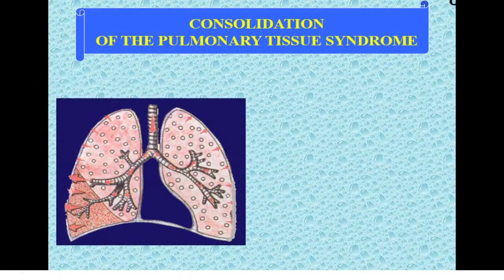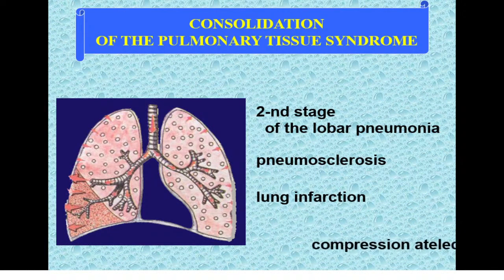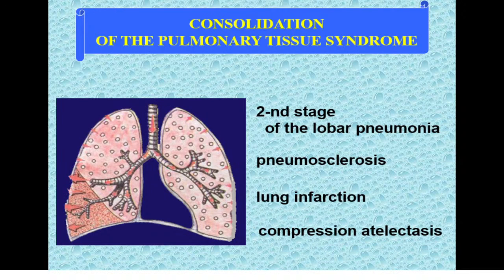We'll start from syndromes which actively involve alveoli in the pathological process. We are talking about consolidation of the pulmonary tissue, which is characteristic of the second stage of lobar pneumonia, progressive pneumosclerosis, lung infarction, and compression atelectasis.